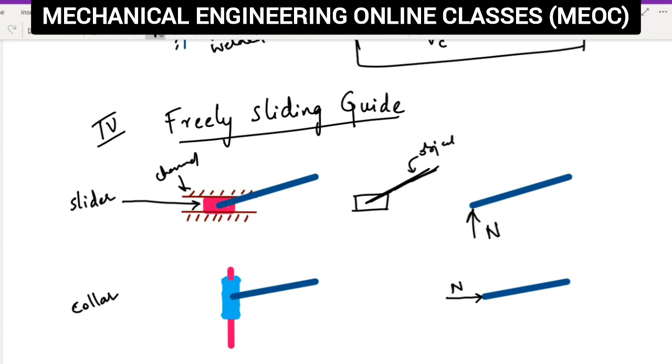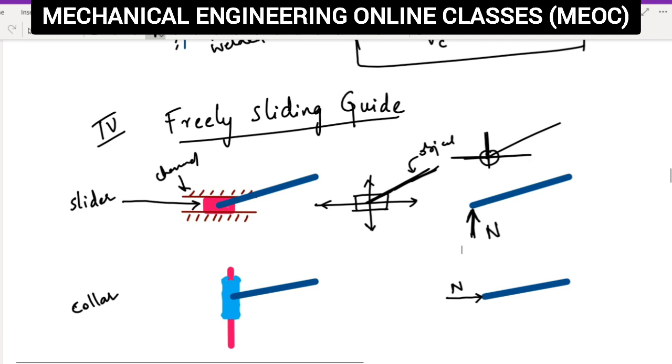Now because the slider is free to move in horizontal direction, there is only one restriction. The restriction is it cannot move in vertical direction. This object's end point is free to move leftward or rightward, but it cannot move up or down. So that's the reason we are giving a normal reaction only in vertical direction.